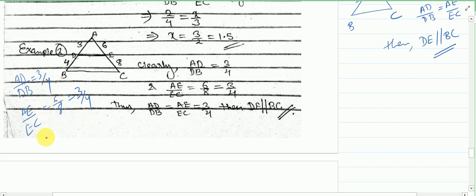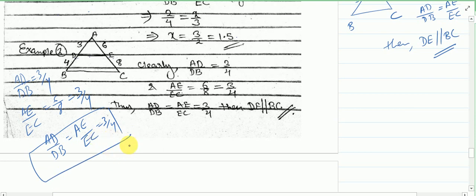So here what do we observe? AD upon DB is equal to AE upon EC, that is 3 by 4. Therefore, by the converse of the basic proportionality theorem, this DE has to be parallel to BC.